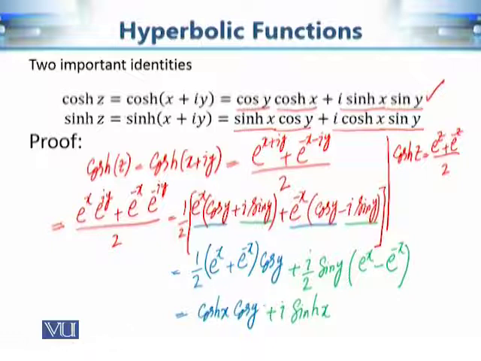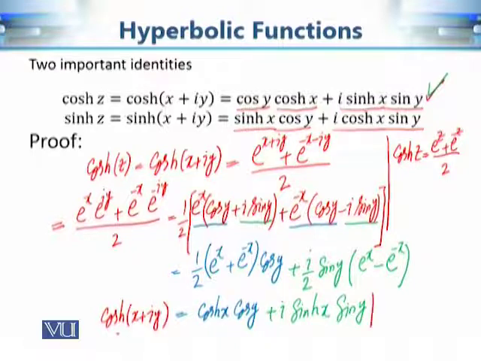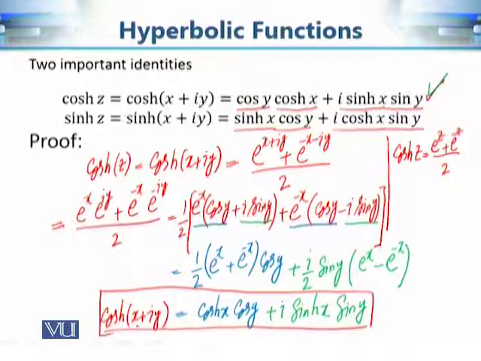Then sine y remains the same, and as you can see this is exactly this identity, so cosine hyperbolic of x plus iota y is equal to this expression. Since it is true for each and every complex number, that's why we call it an identity.